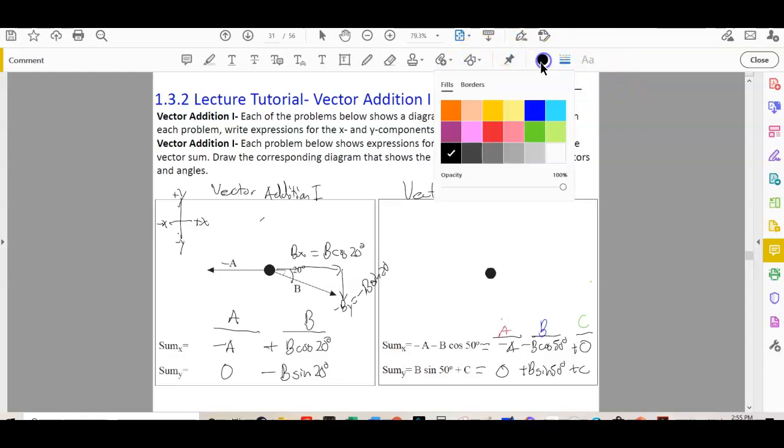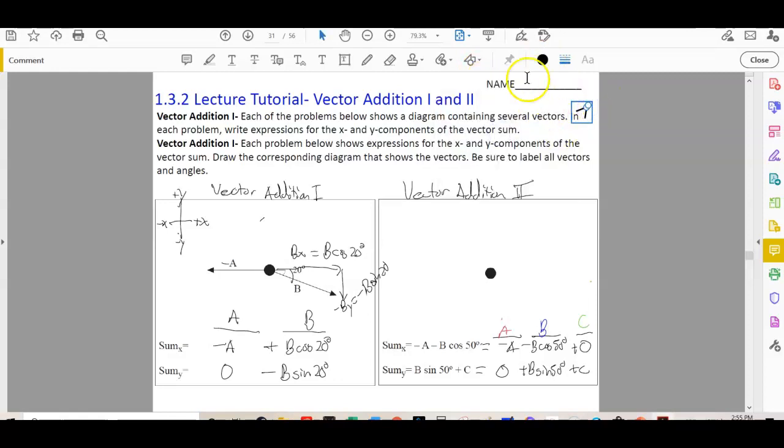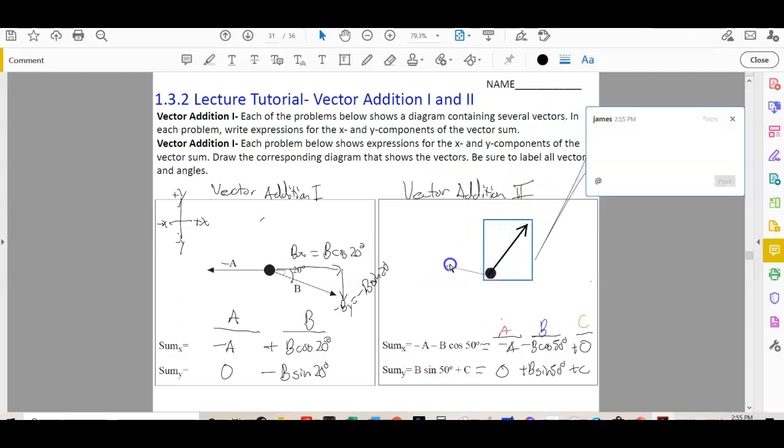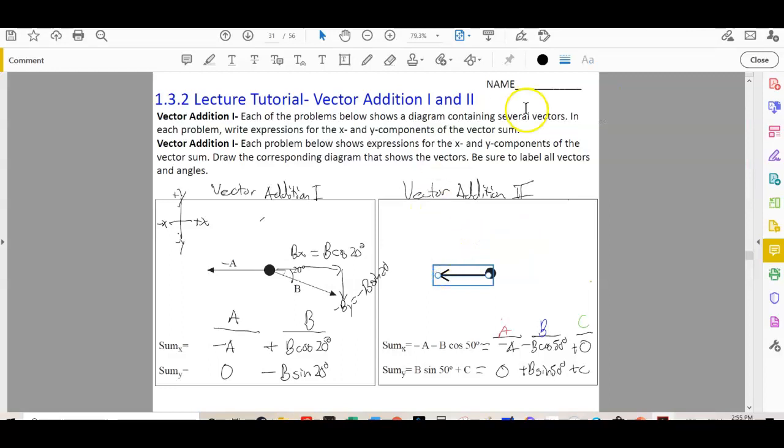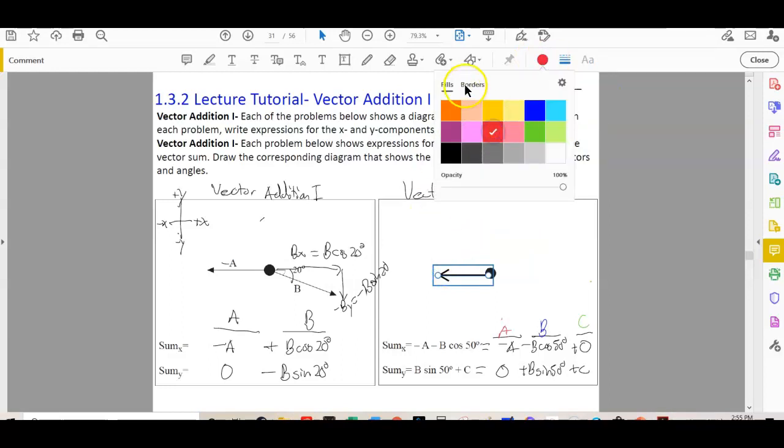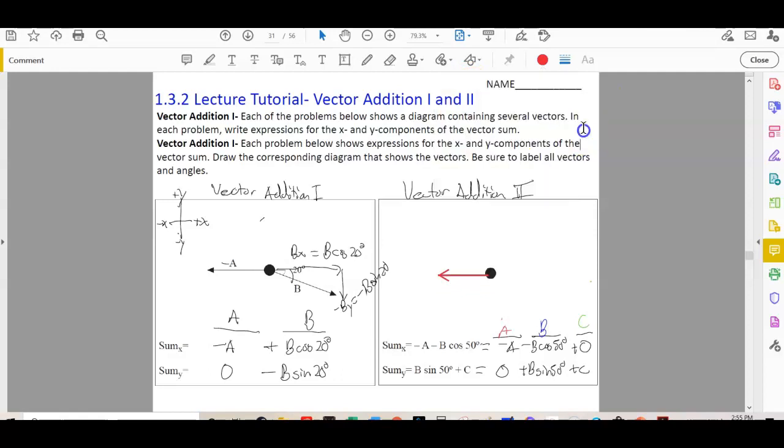The A vector is just going to be pointing to the left, and it's going to be red.